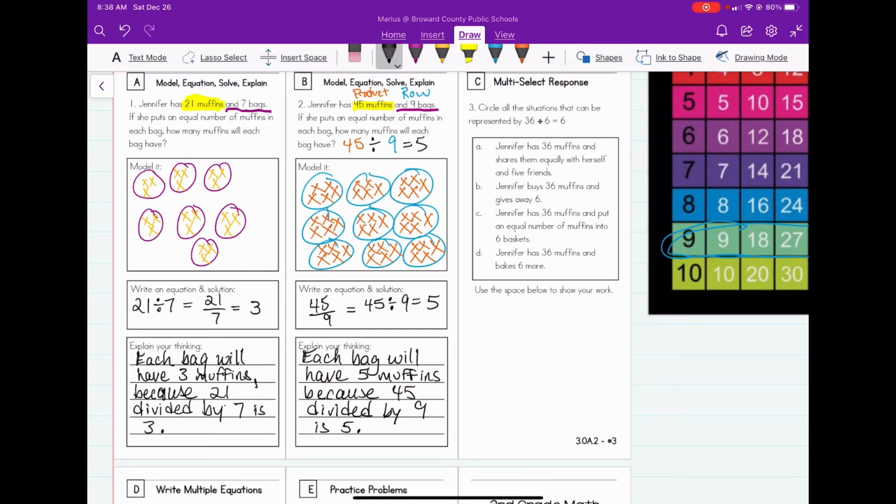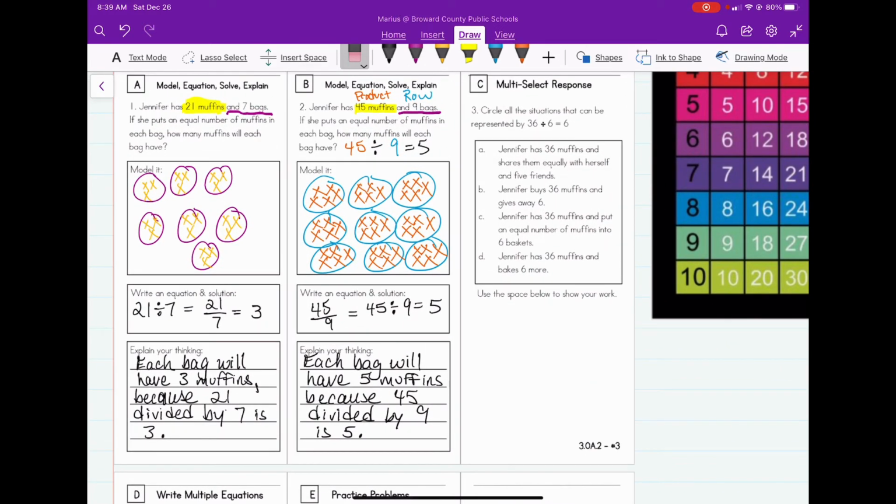All right, let's take a look at number 3. Number 3 says, circle all the situations that can be represented by 36 divided by 6 equals 6.